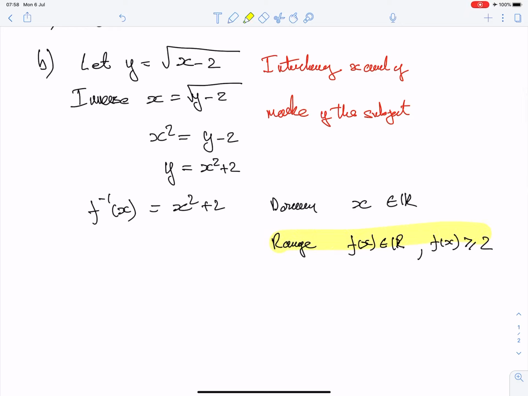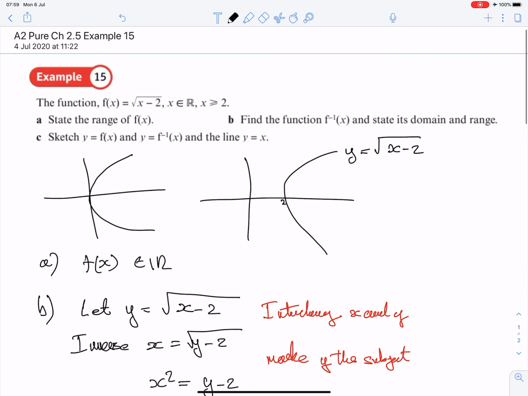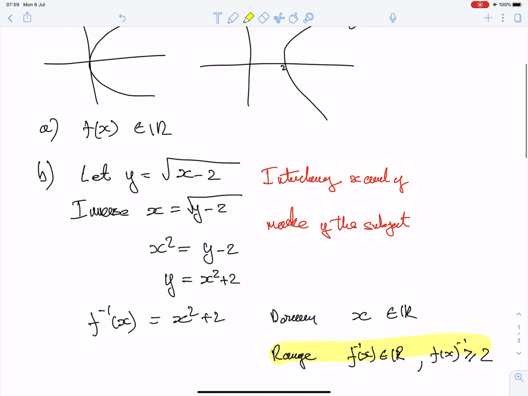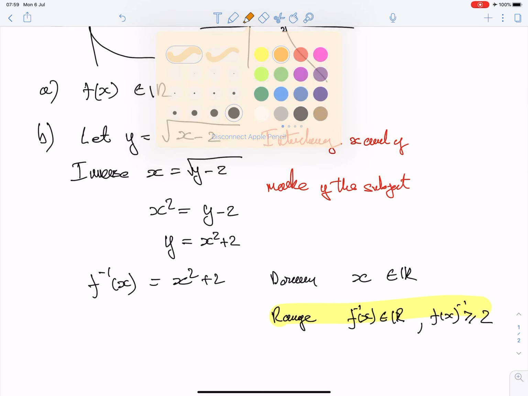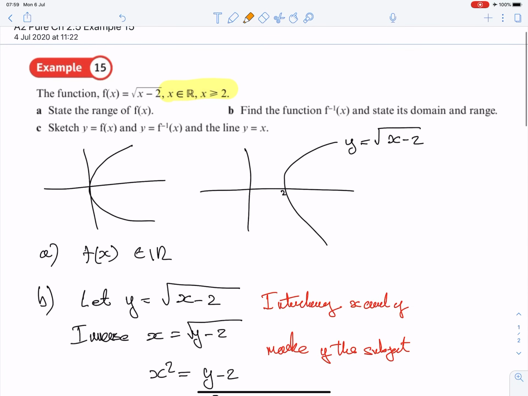Perhaps I should have said f inverse of x and f inverse of x on there. So the range there was equal to the domain of the original function, and the domain of the inverse function, the inputs, is equal to the range of f of x.